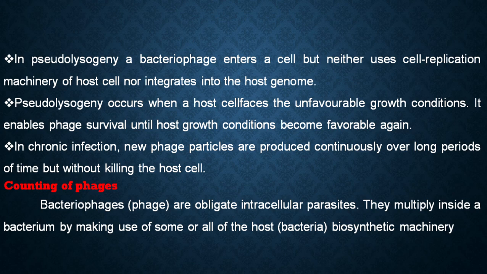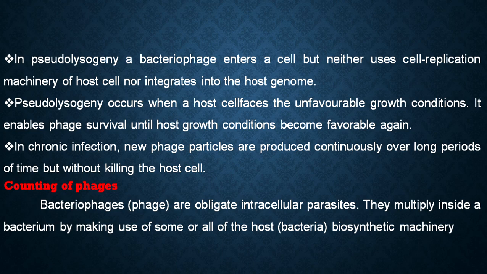In pseudo-lysogeny, a bacteriophage enters a cell but neither uses the cell replication machinery of the host cell nor integrates into the host genome. Pseudo-lysogeny occurs when a host cell faces unfavorable growth conditions.